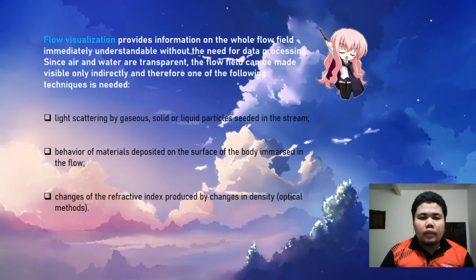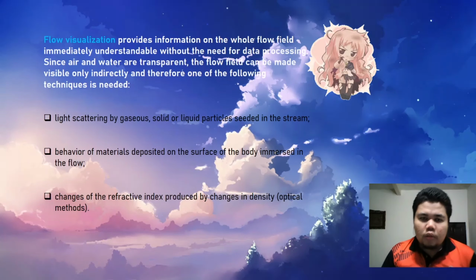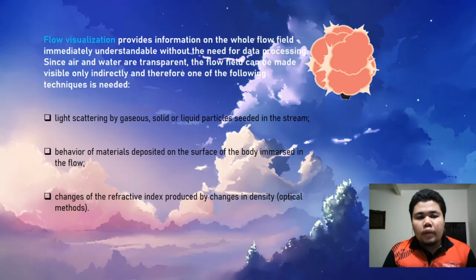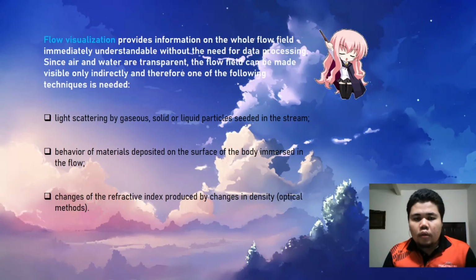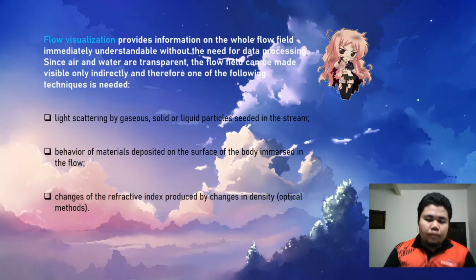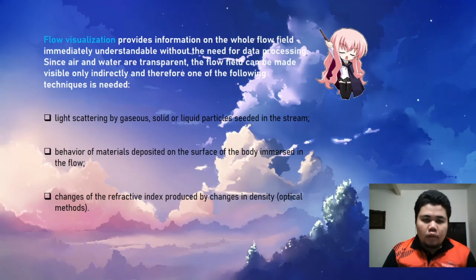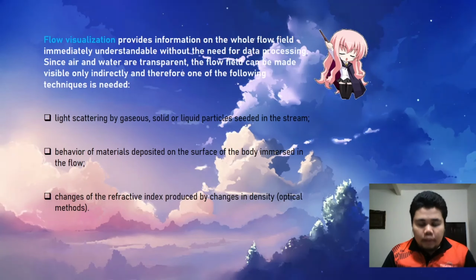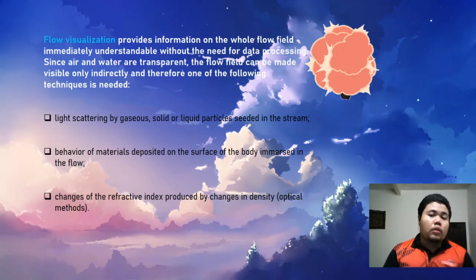First is light scattering by gases, or a solid or liquid particle seeded into the stream. Next is the behavior of material deposited on the surface of the body immersed in the flow. The third is the change of the refractive index produced by a change in density, which is the optical method.